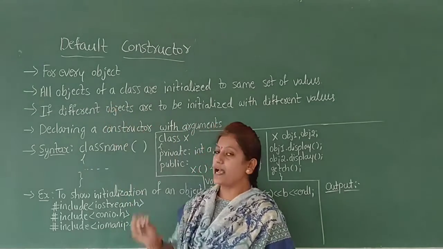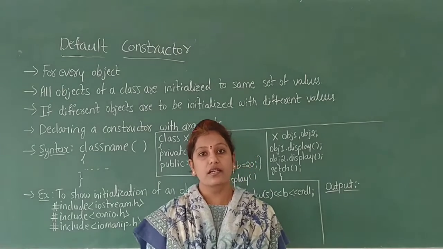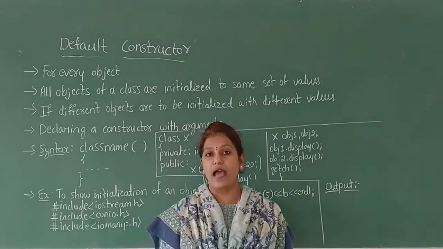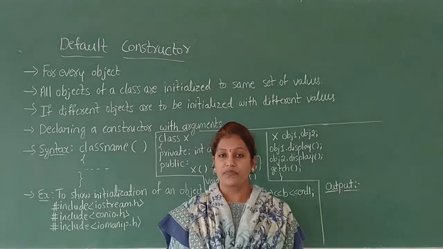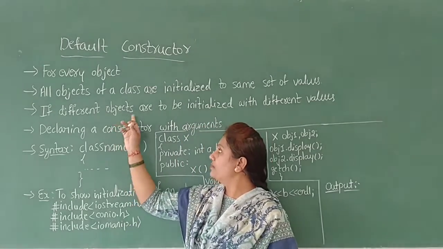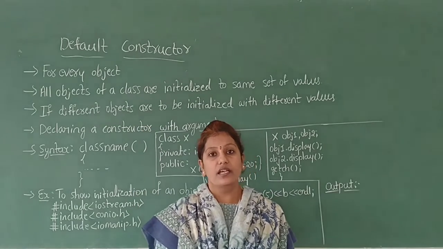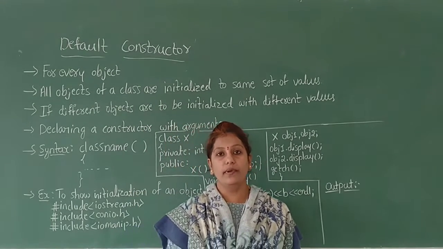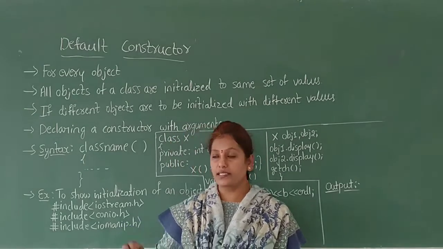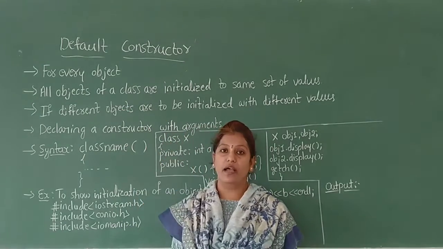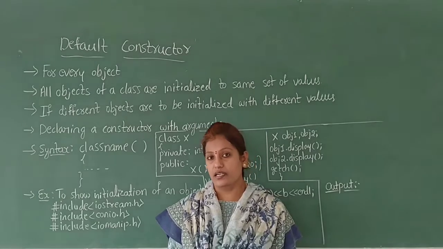All objects of a class are initialized to a set of values. This is done by using the default constructor. If different objects are to be initialized with different values, it cannot be done using default constructors. These are the restrictions while using default constructors.